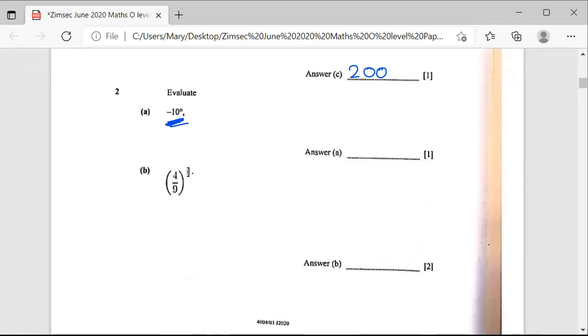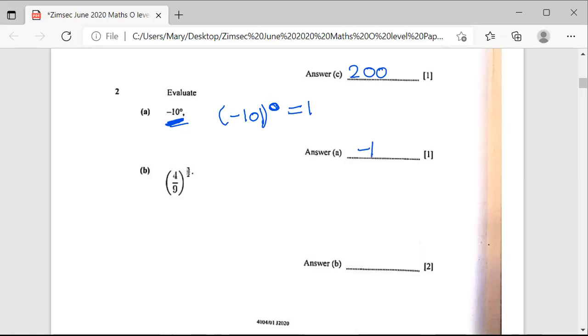If it was like this, bracket minus 10 to the power of 0, then the answer was going to be 1. But in this case, because the minus is not being raised to the power of 0, this answer is minus 1.